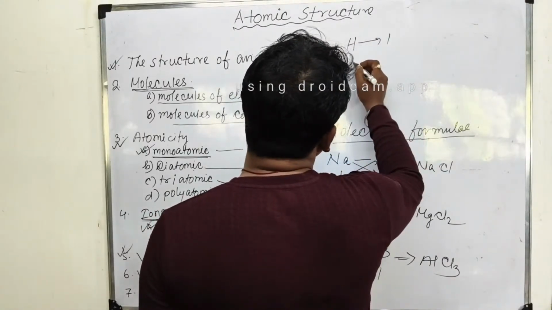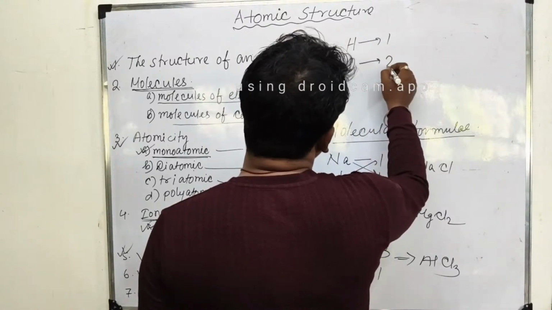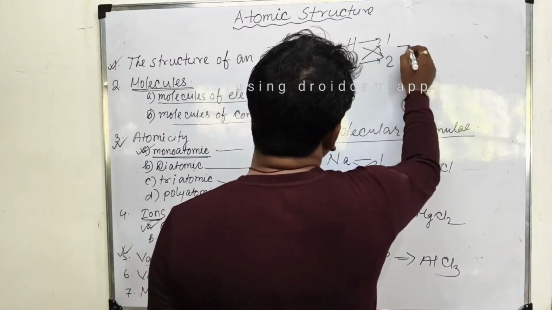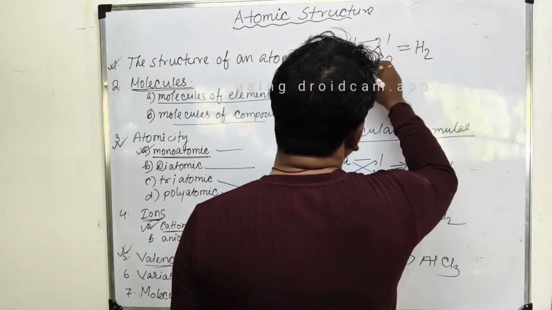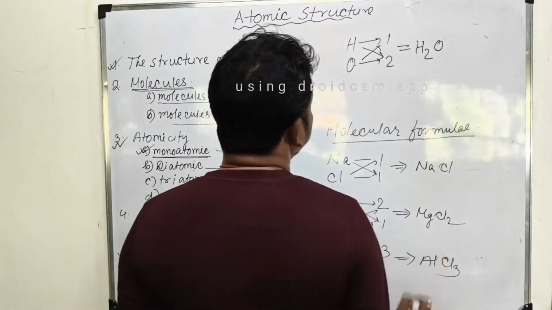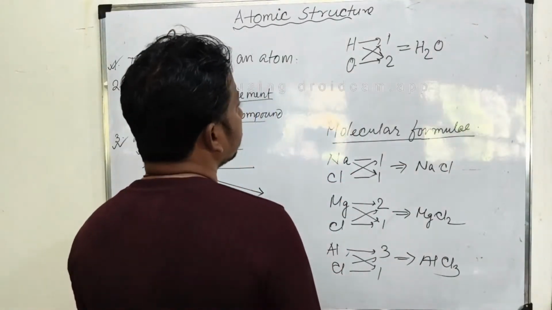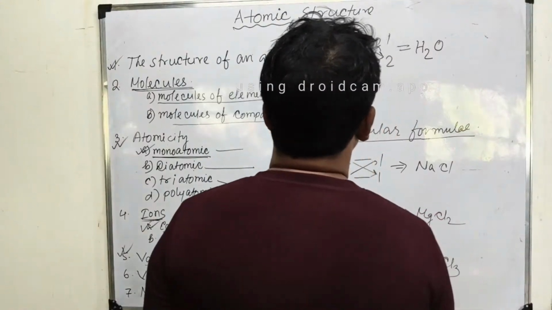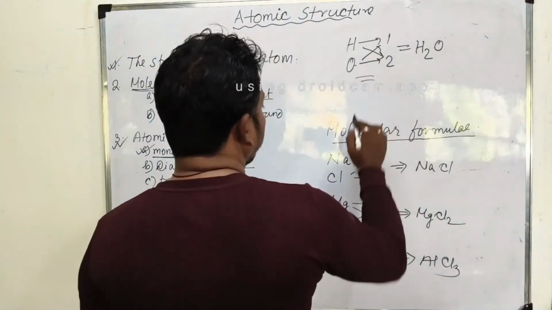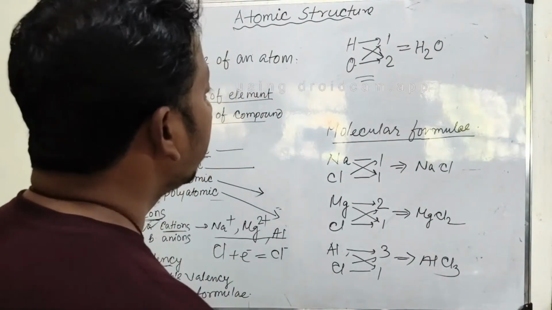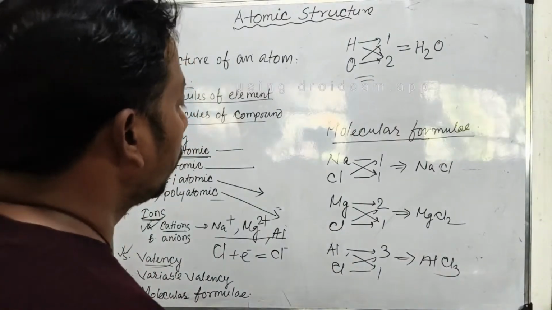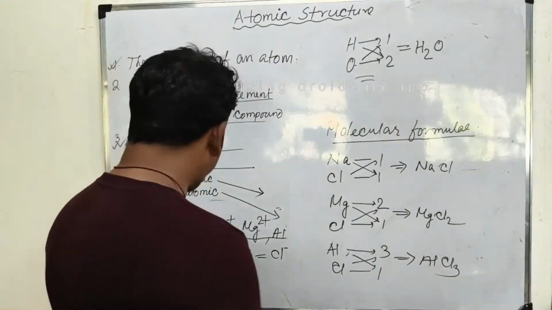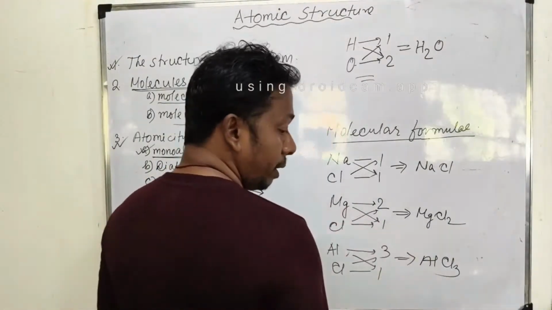The valency of hydrogen is 1. Oxygen valency is 2. So make a cross, that is H2O1. Clear? Okay. So we can easily get the molecular formula. Now come to the variable valency again.